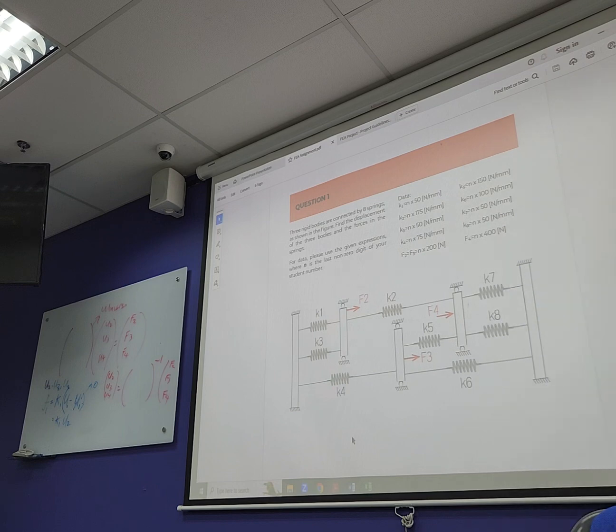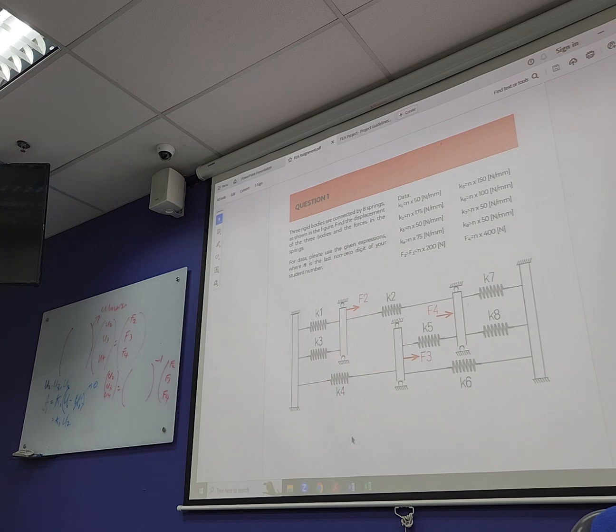I'm going to mark it in red. So imagine the force here. This is f1, f3, f2, the small internal forces, f5, f4, f6, f8, f7. Do you see that?